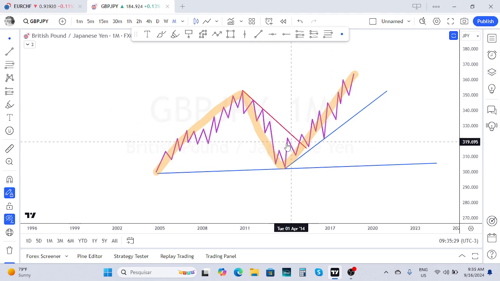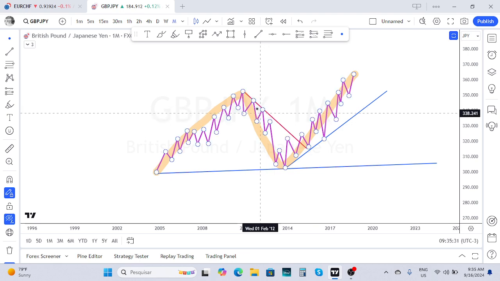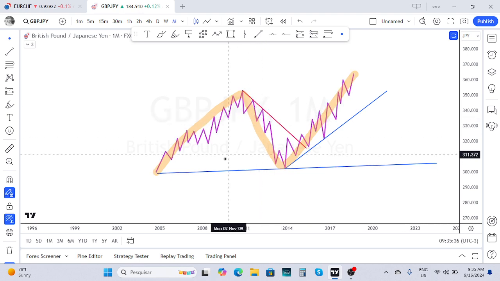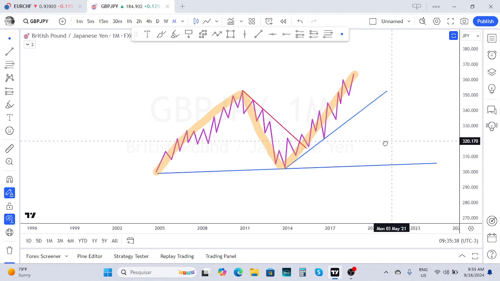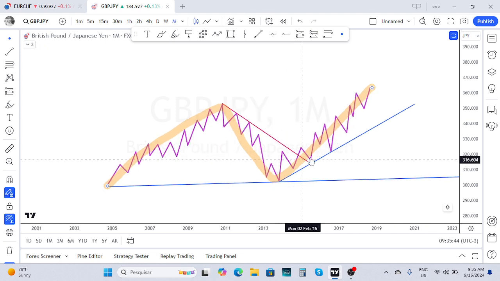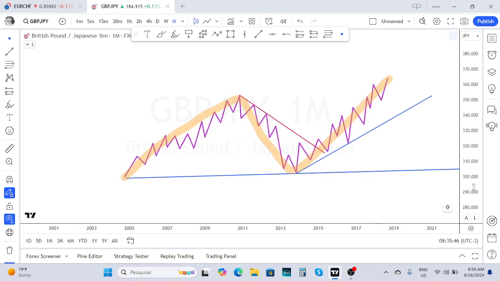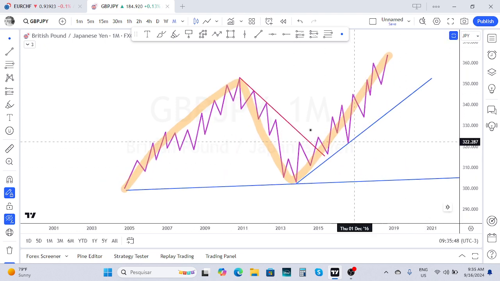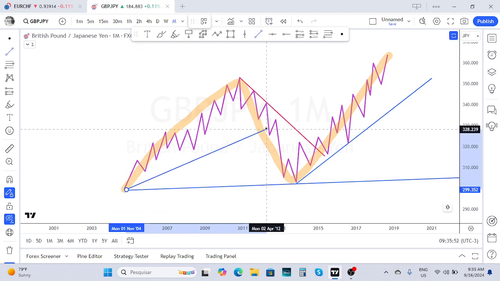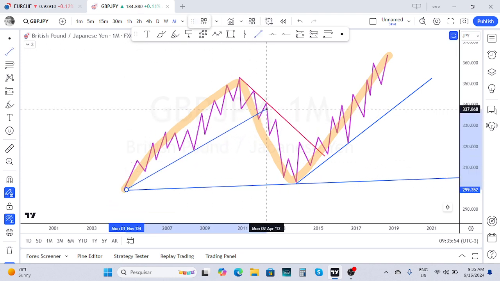But in this scenario, we are going to talk about how to trade this short-term downtrend right here inside this up market structure. That is what we are going to be looking at today in my video. All right, guys, so this market back in time, like I said, has its own trend line right here.